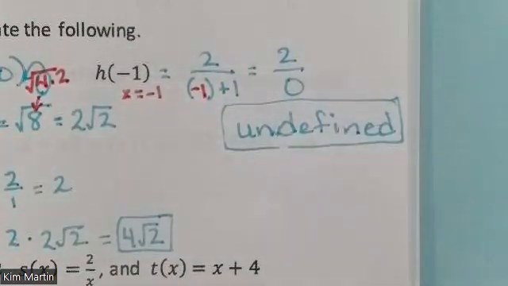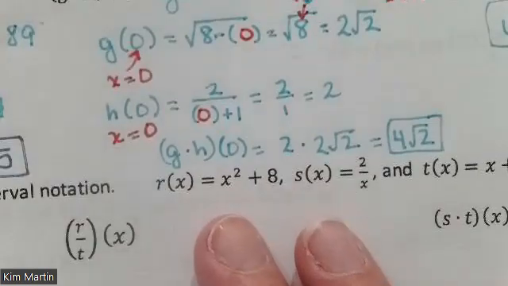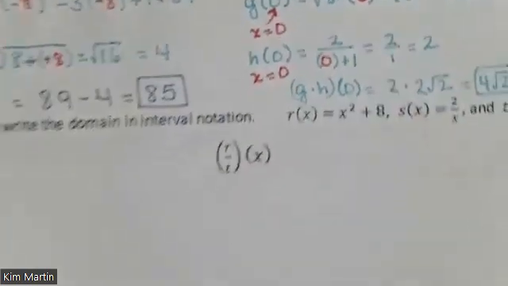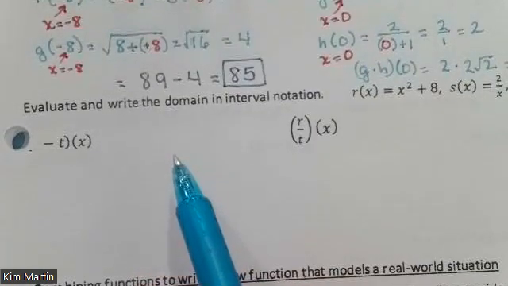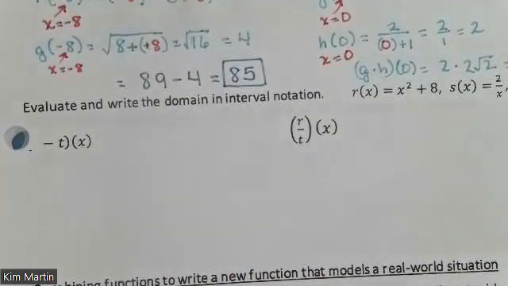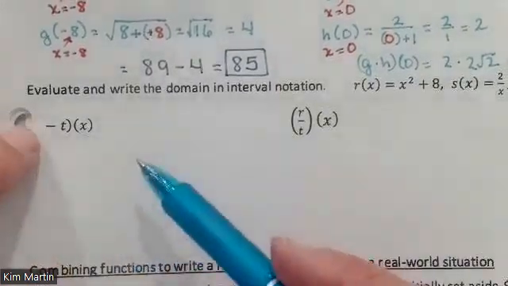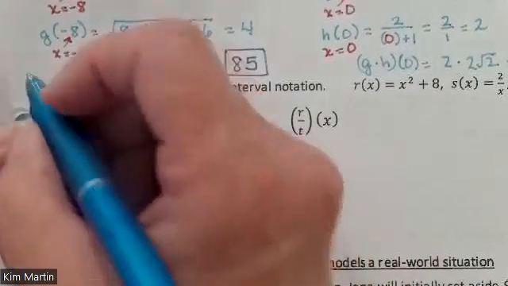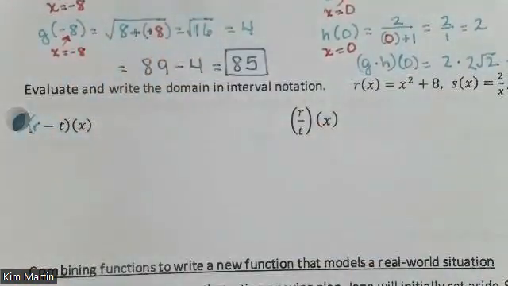Okay. Now it gets a little bit harder here only because we're talking about domain, right? Domain takes practice. I know it takes practice because I had to practice it. This problem is cut off, so I'm just going to say that it is R minus T. But here's the thing.